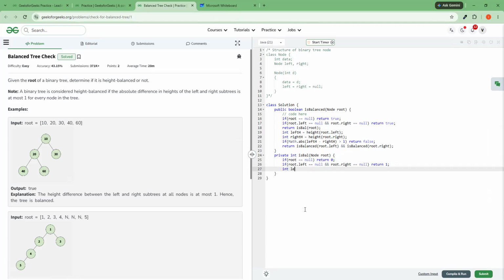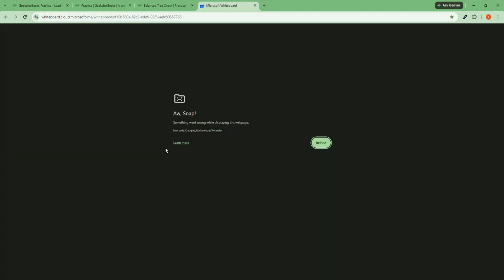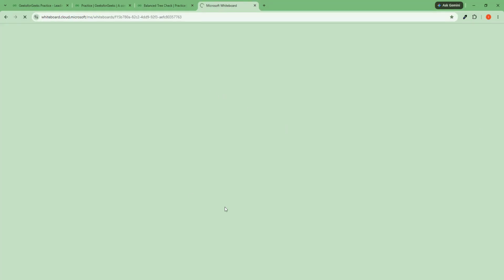Otherwise, we calculate the left height of the tree, int LH, that is isBalanced of root.left, and int RH is isBalanced of root.right, because it will calculate the value for this particular part.